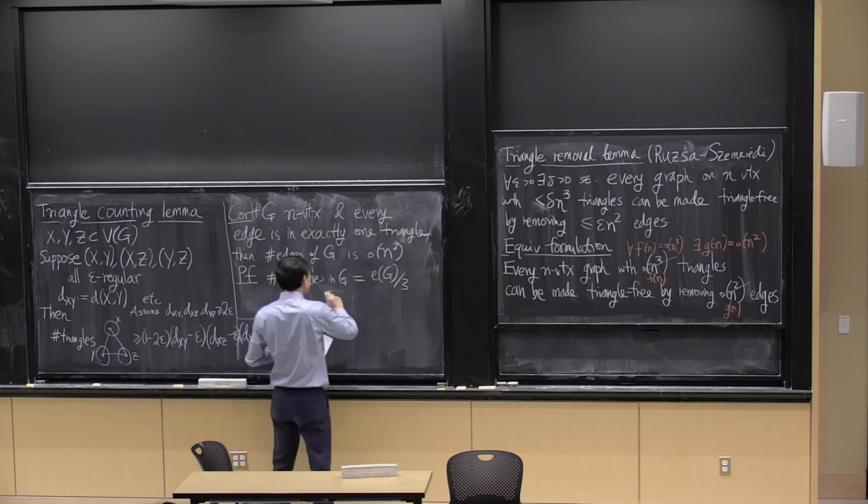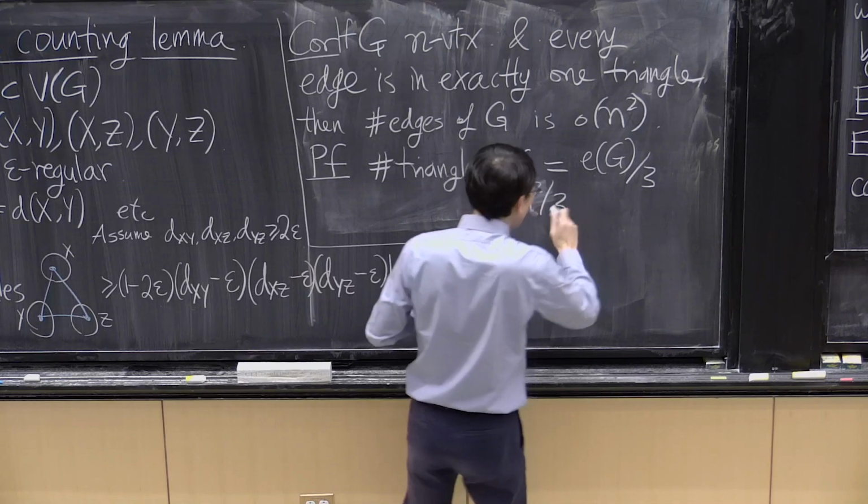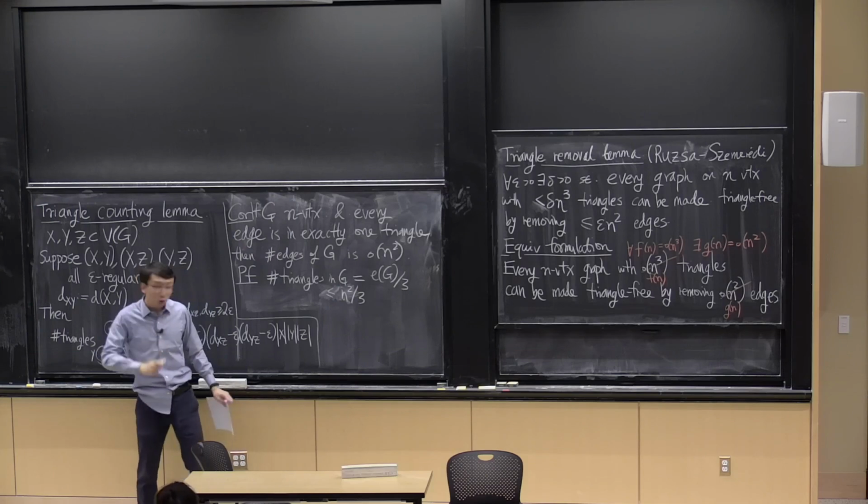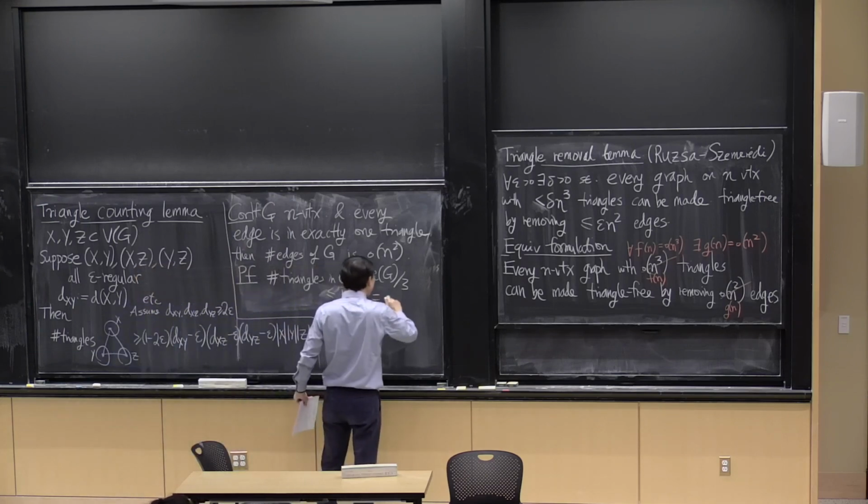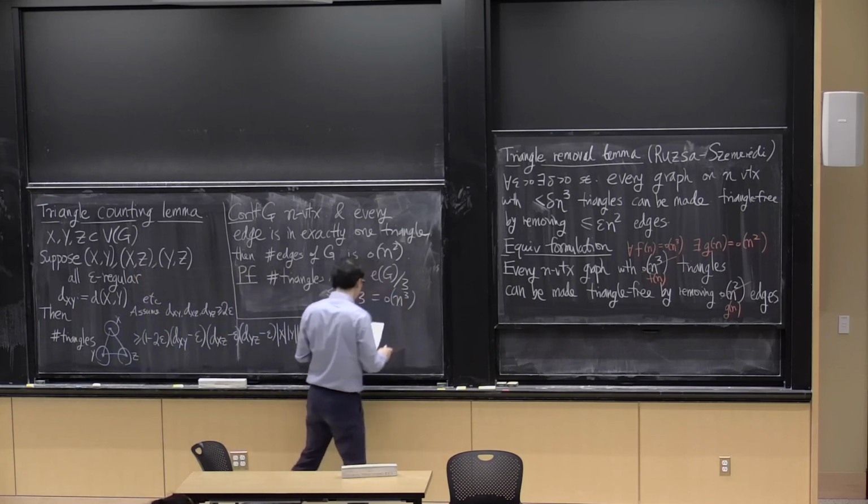The number of edges is at most n squared. So this quantity is at most quadratic order, which in particular is little o of n cubed.